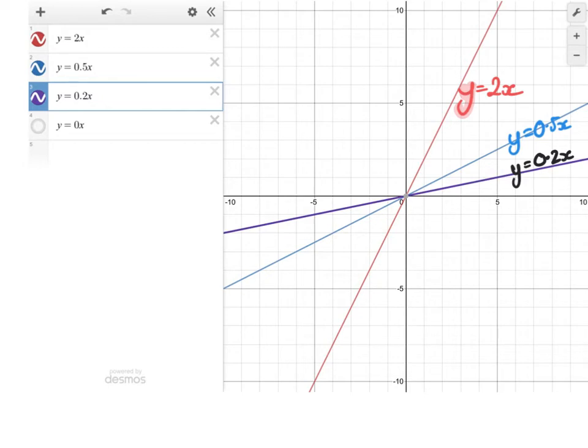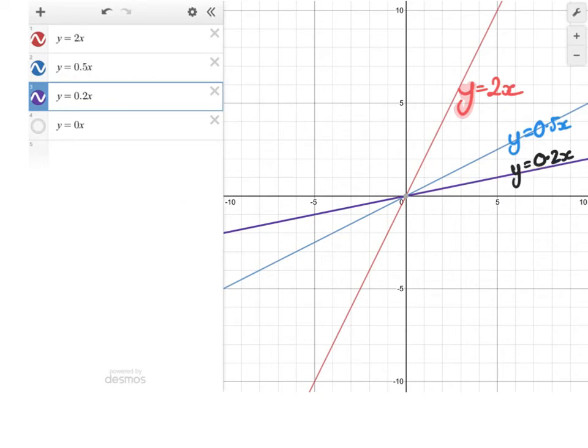So again, you can see what's happening with the gradient here. We've got a gradient of 2 from this equation, so that's steeper than this line, which has a gradient of 0.5, which is steeper than this line, which only has a gradient of 0.2.